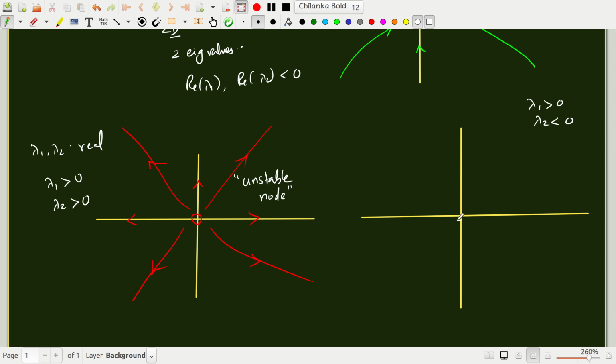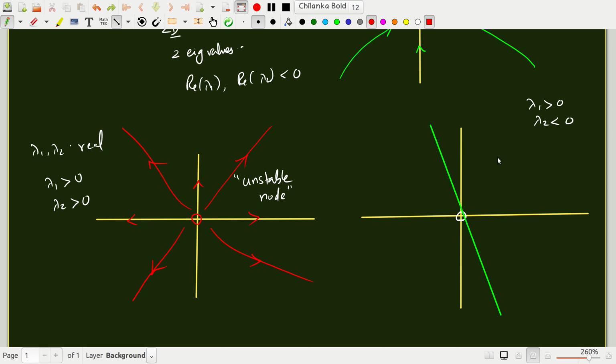Suppose you have the point at the origin, and in the last class we discussed an example wherein you had a stable eigenvalue and an unstable eigenvalue. Let me draw this.